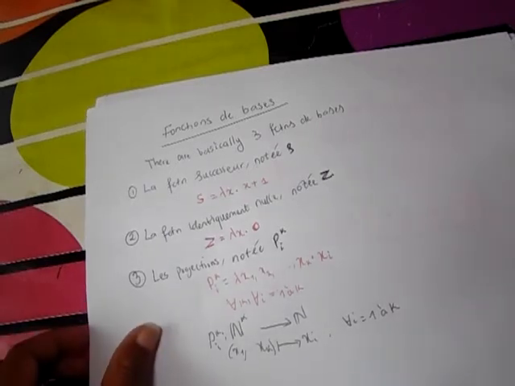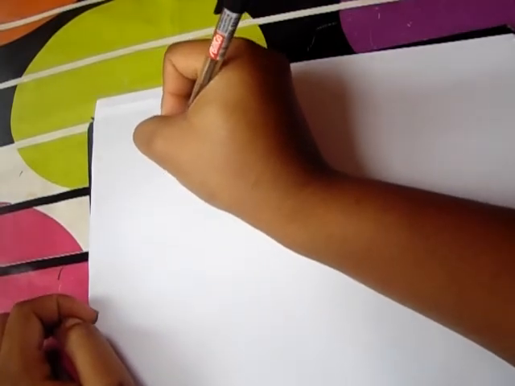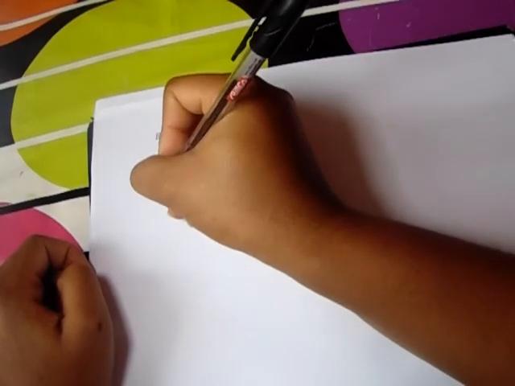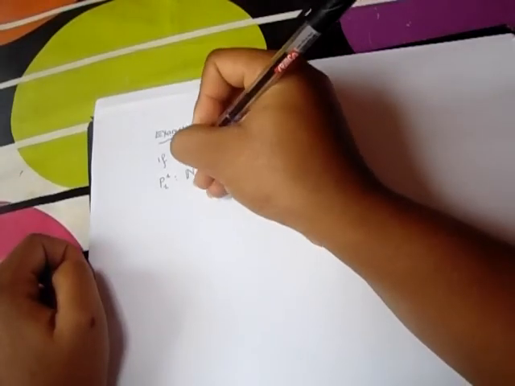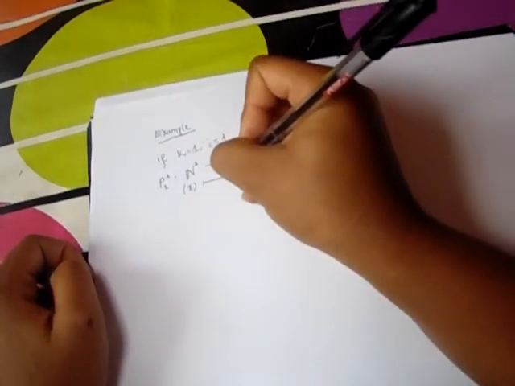So let's give an example here. If k is equal to 1 and e is equal to 1, it will have P_1^1 from n^1 to n, and so we are going to have just one variable, x.